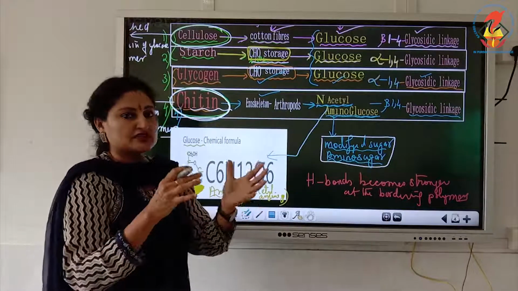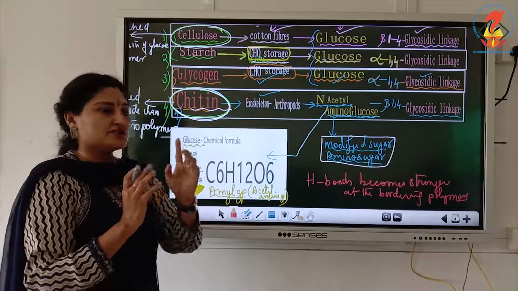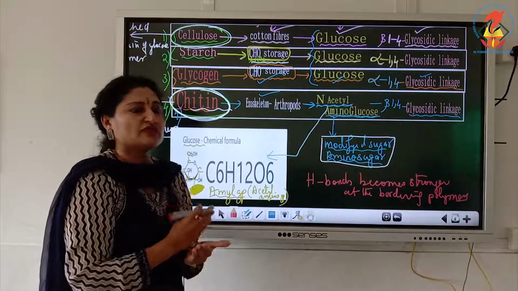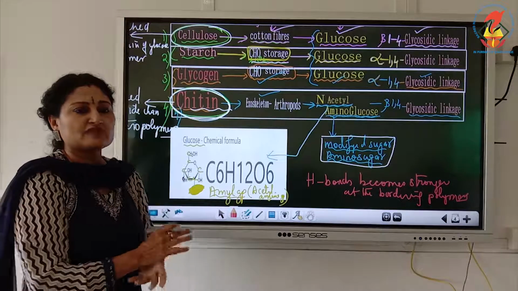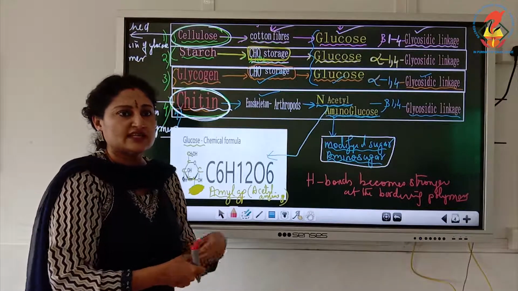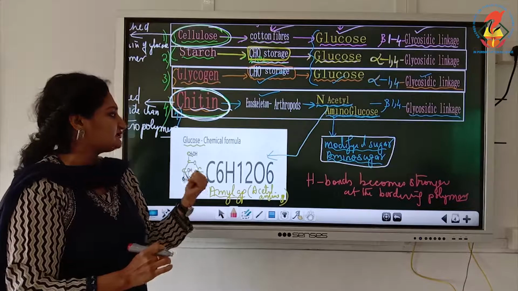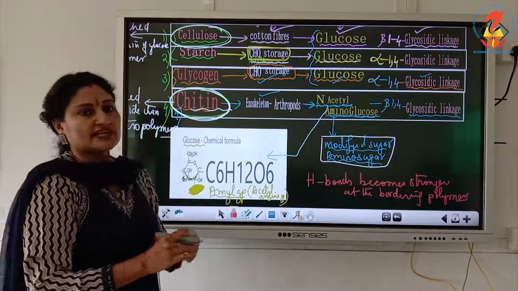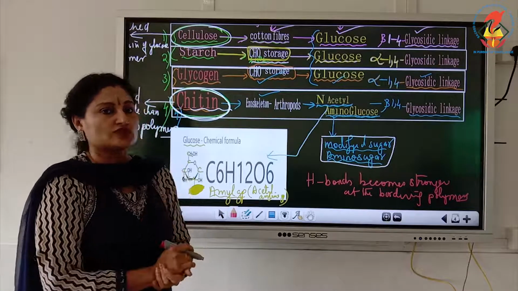It is a polymer which is branched, so the hydrogen bonds connecting the side chains become very strong. Therefore, it is very hard to break down. Therefore, this chitin does not easily decompose. That is one reason, because of the glucose. And the added reason, it is highly branched and it is a heteropolymer.